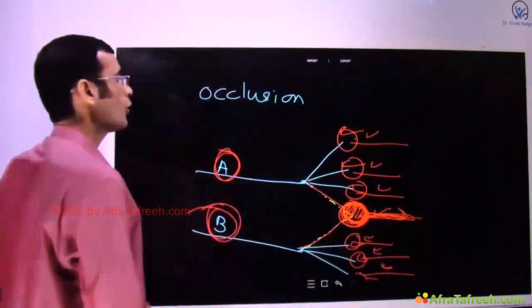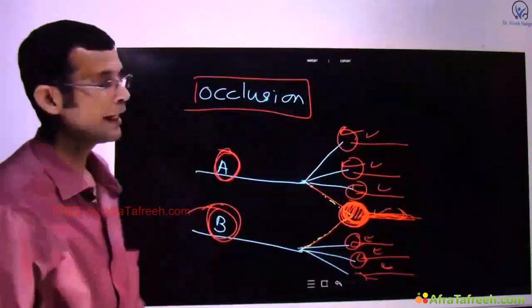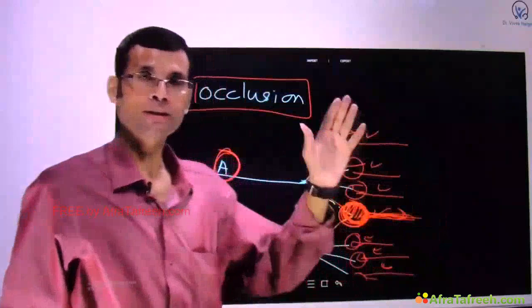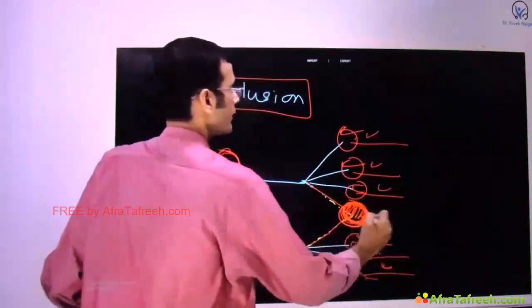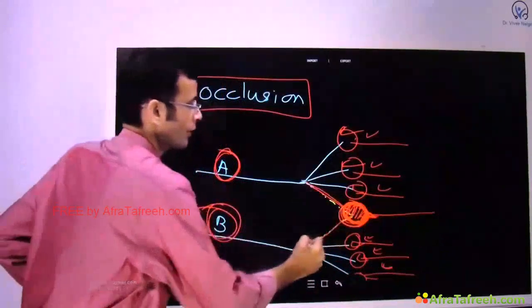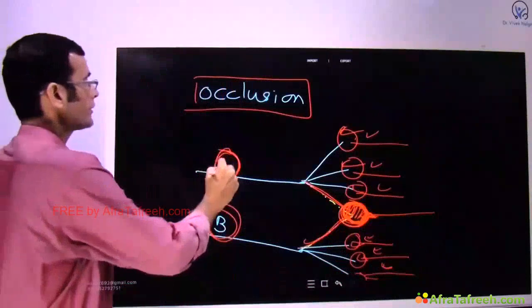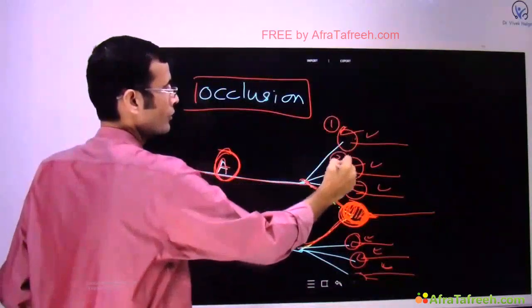Another property, occlusion. Let's say elsewhere in some other scenario in the brain, I am using the same diagram, but it's not the same situation. The situation is different now. When A fires the impulse, it excites 4 postsynaptic neurons.